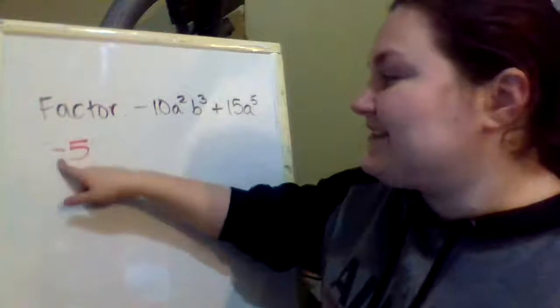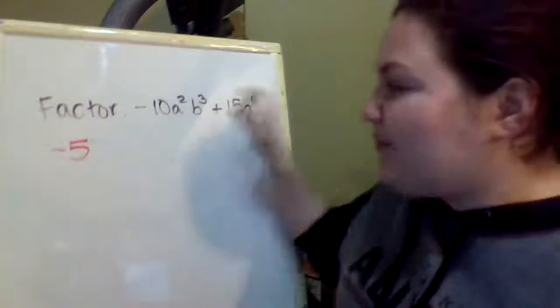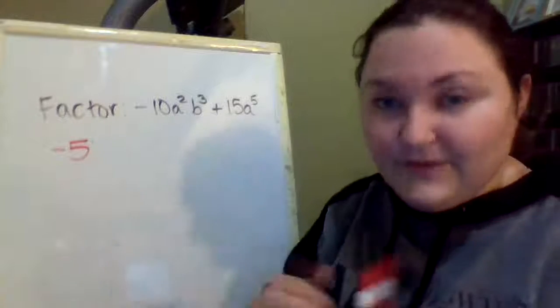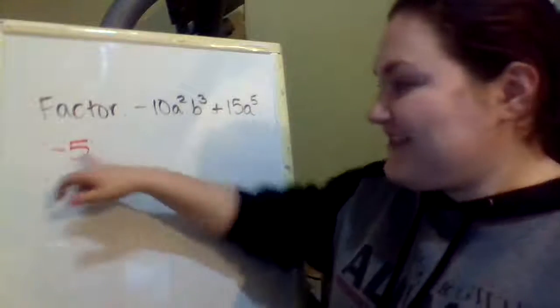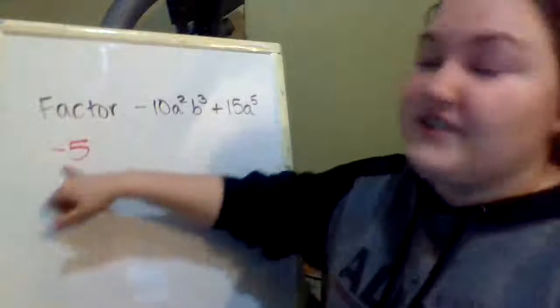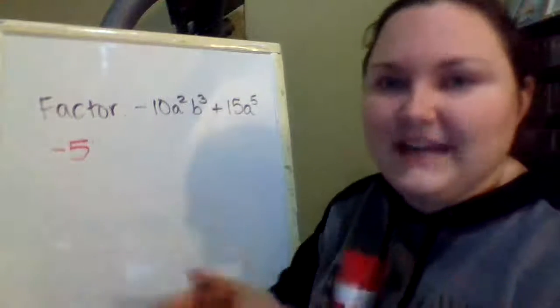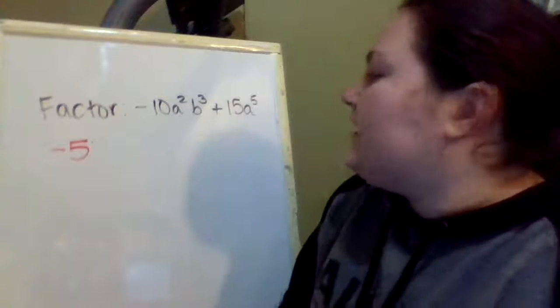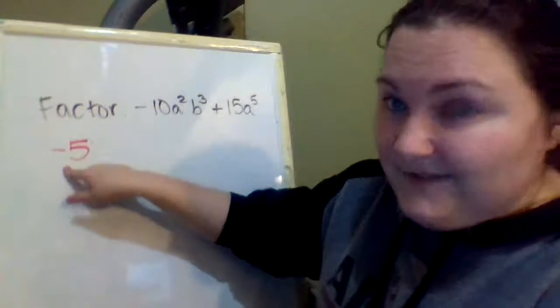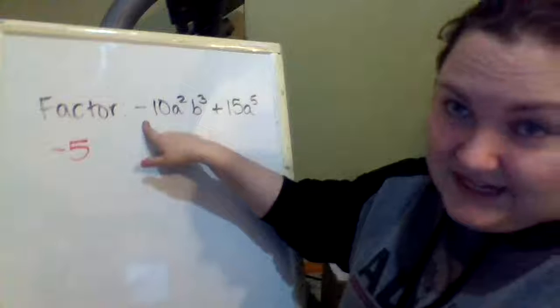So you could put this as a positive, you could put it as a negative. They both would give you this, which is why we've got the rule. In general, we're all just going to make your GCF negative if the first term is negative, so that it helps us all get the same answer. So we get our GCF is going to be negative 5, negative because the 10 was negative.